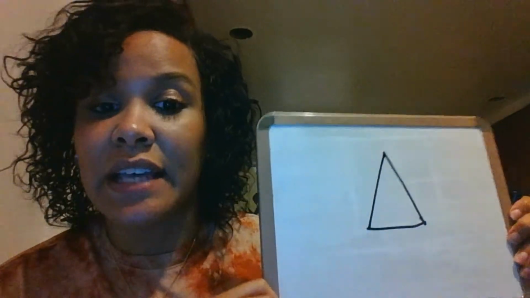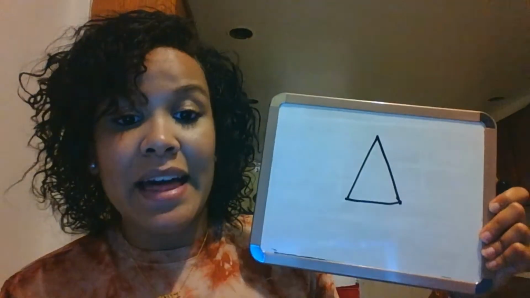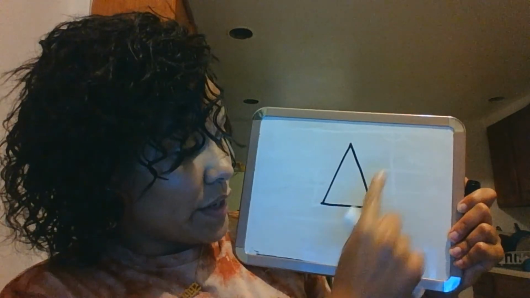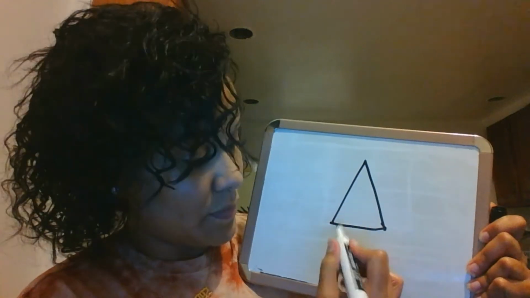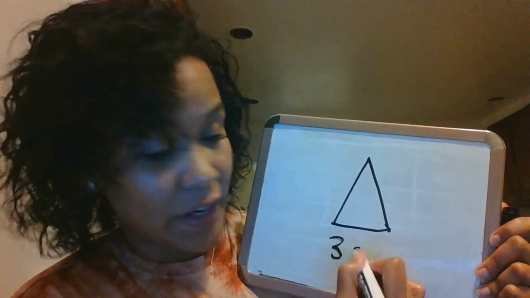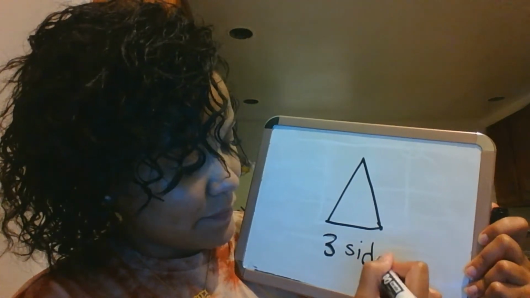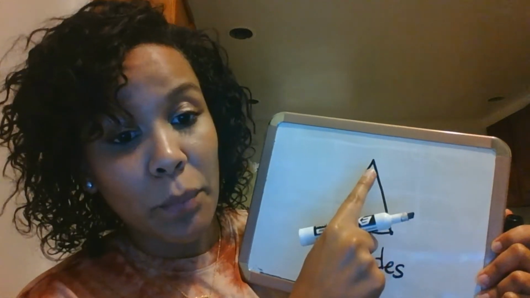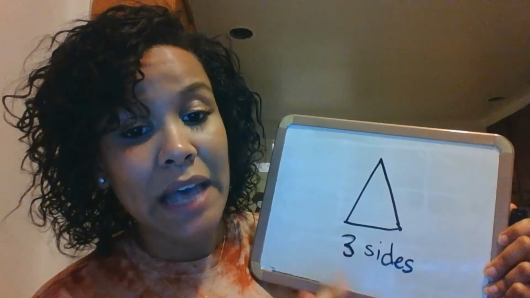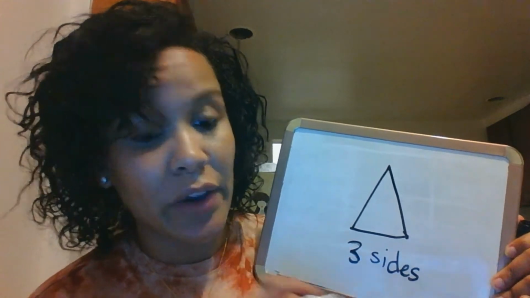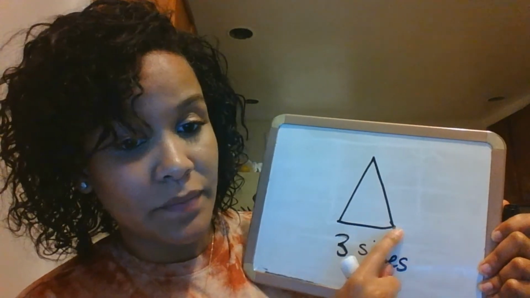This shape here is a triangle. It has 1, 2, 3 sides. So 3 sides. Remember, the points are called vertices. So let's count to see how many vertices a triangle has. 1, 2, 3.